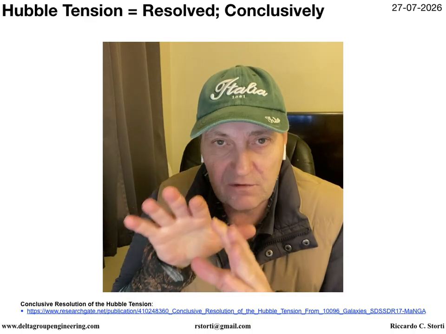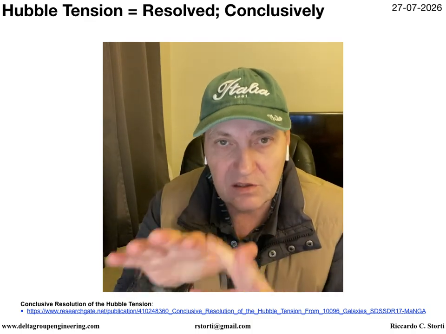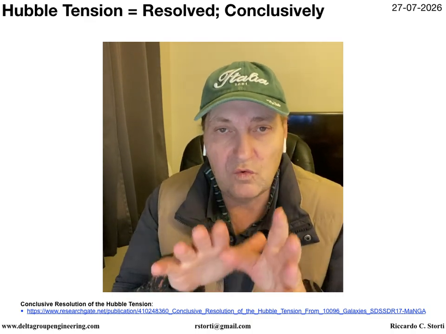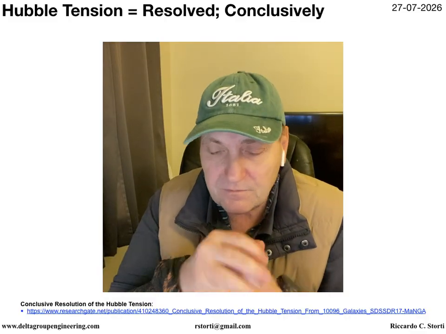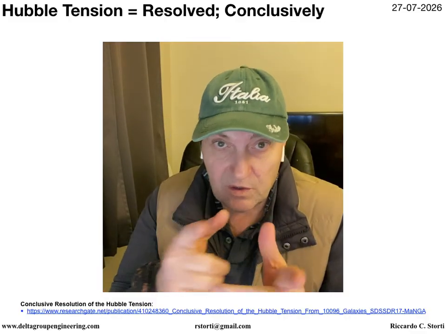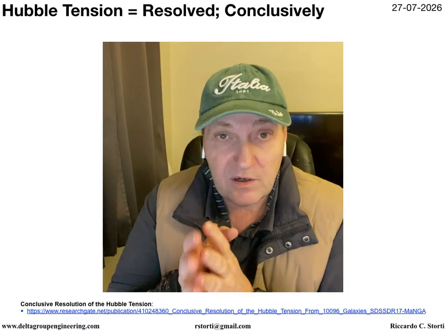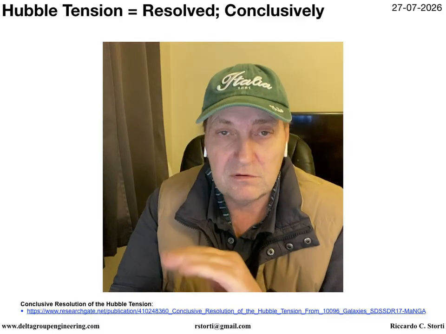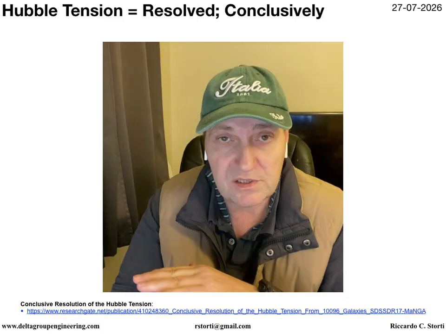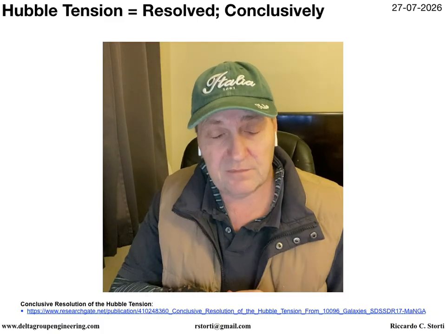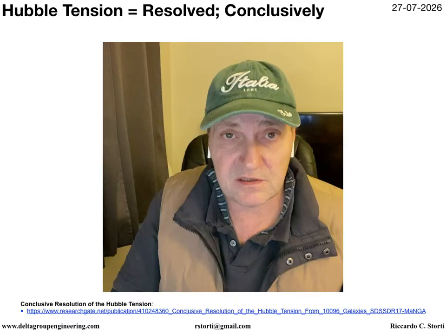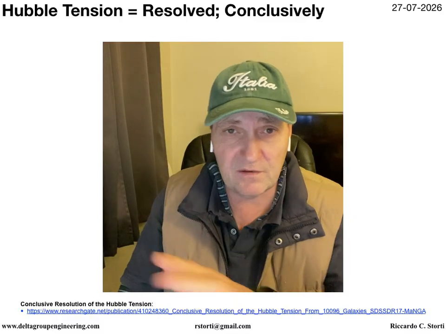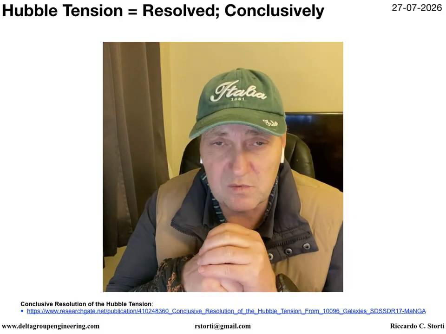Okay, so I had to convert that angular measurement into what I needed. So how did I do that? Good question, I'm glad you asked. Well, the way that I did that was I just used a standard off-the-shelf astrophysics equation, and you can find that in the paper as well.